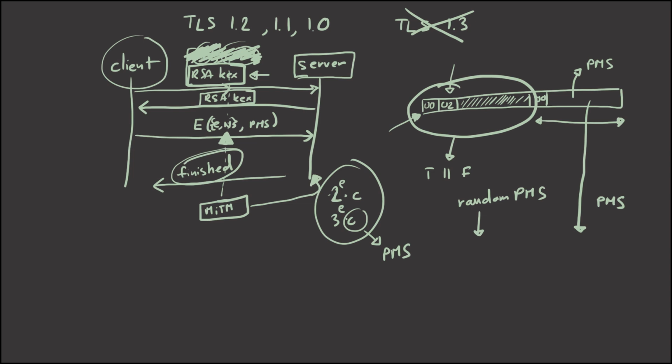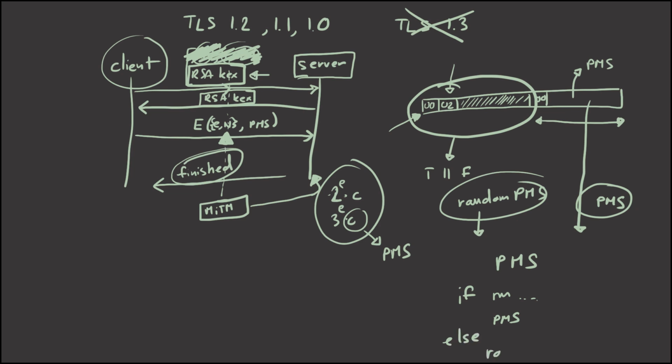And even this choice between the random PMS and the correct PMS needs to be done in constant time, otherwise you also have a timing attack. So if you do a simple if message is PKCS compliant, then use PMS, else use the random one, then we have a timing attack as well. So this is very, very hard to mitigate in reality because of all these different constant time issues.